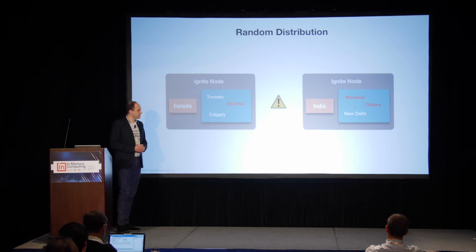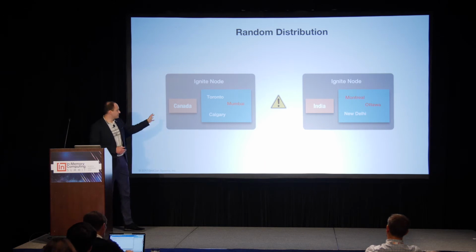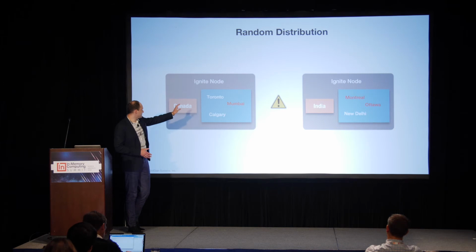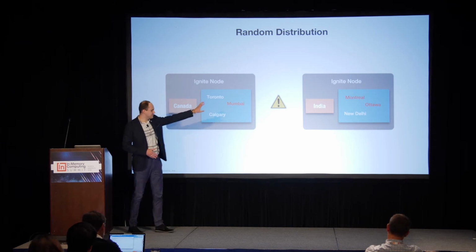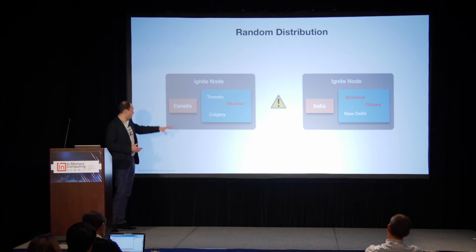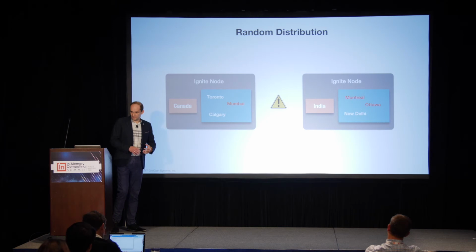Fairly straightforward, right? So if we do not do any collocation, we get some random distribution, for example, like shown here. So we would have some Canadian cities here, Toronto and Calgary, some Canadian cities there. The record for Canada itself would be here. The same happens to India and to all other countries.